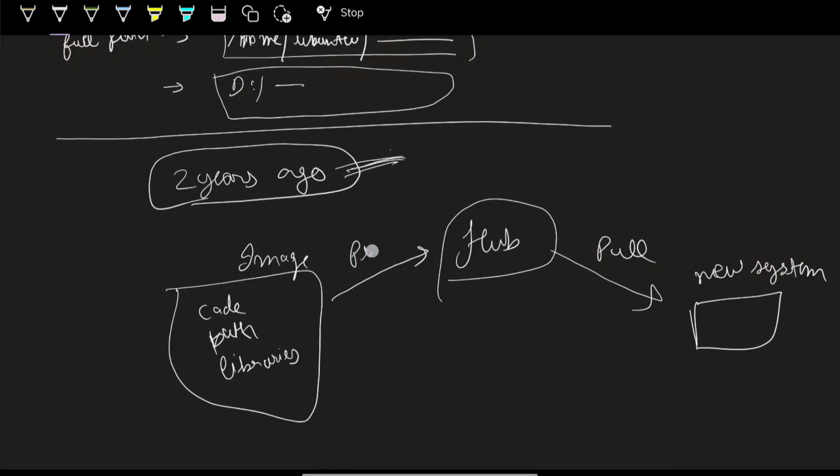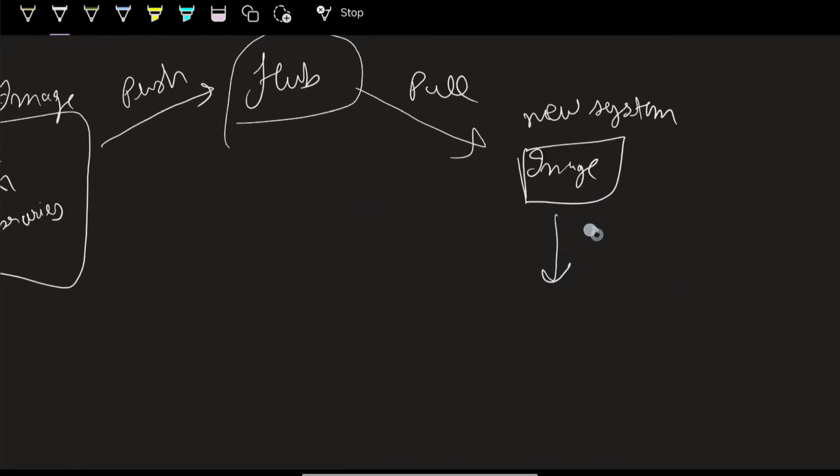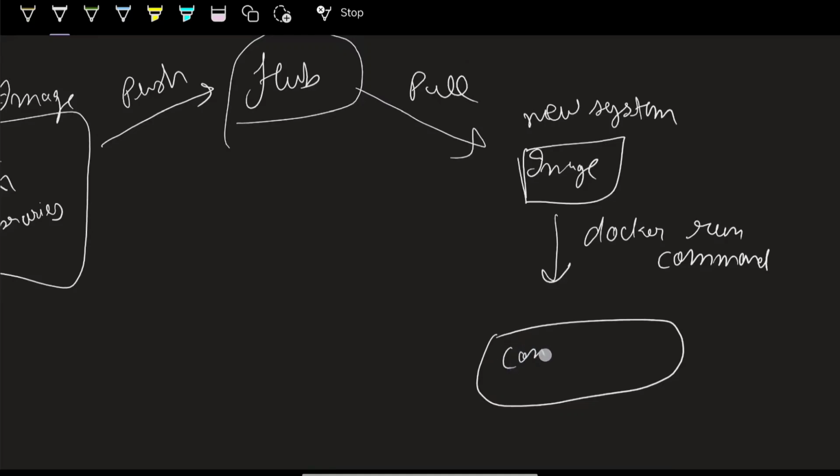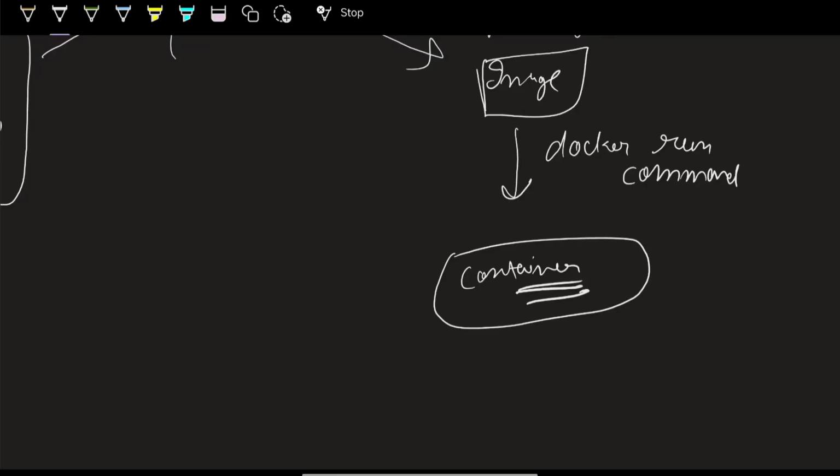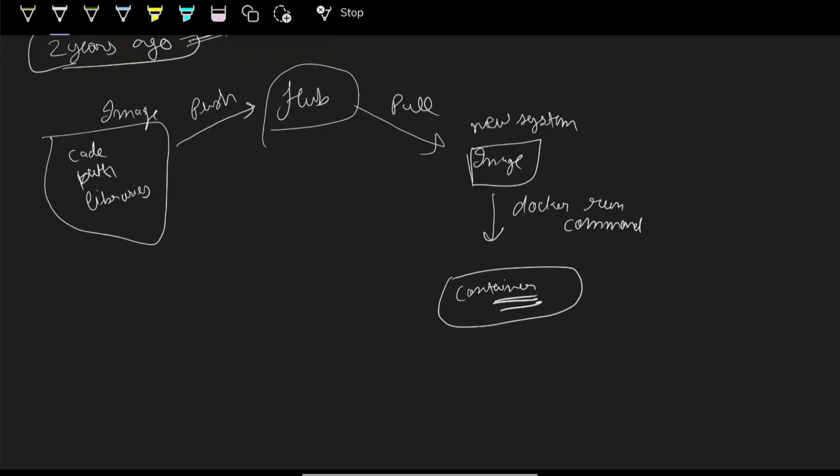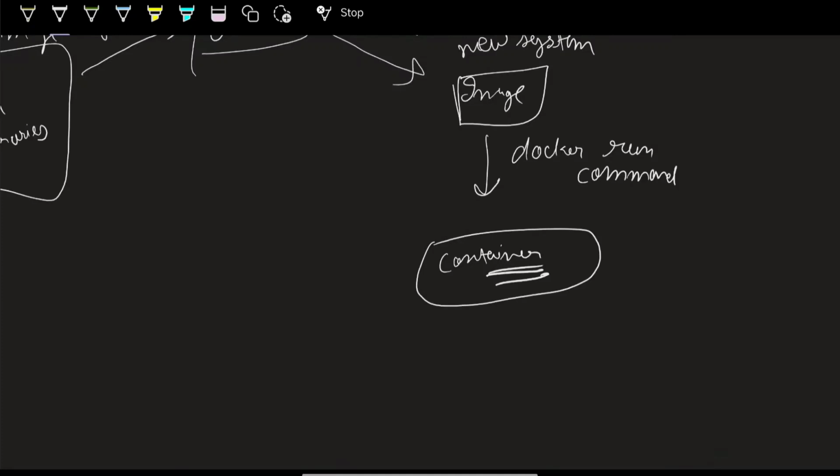You can push it to your hub and pull the Docker image. Now the image is there. You will just have to run the docker run command, and now this will create a container. So this container is now up, and you can use your project from 2 years ago, which has very old library versions, within 5 minutes. You can use it in your new system as well.